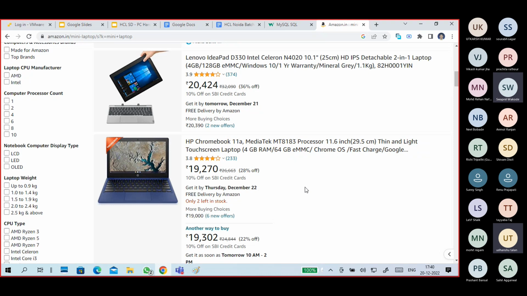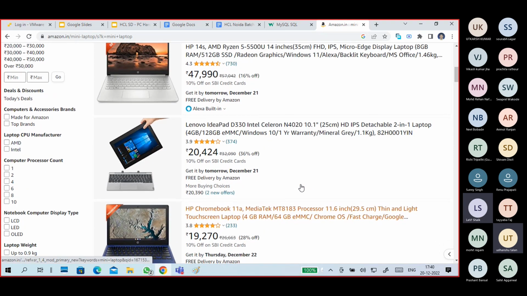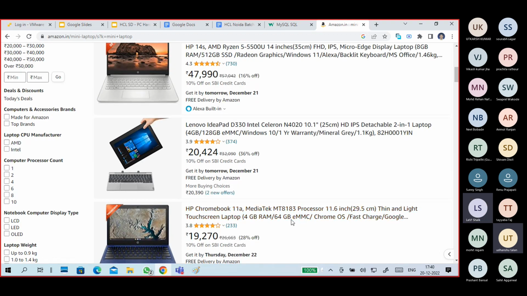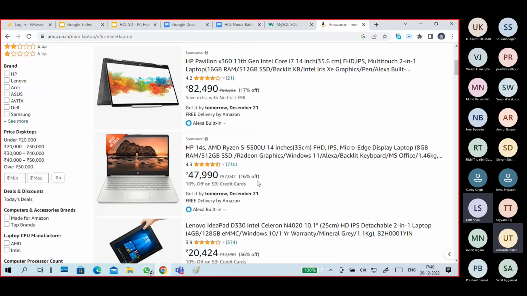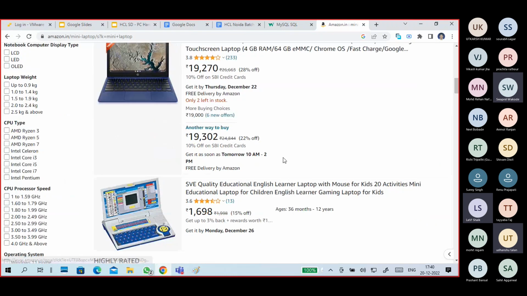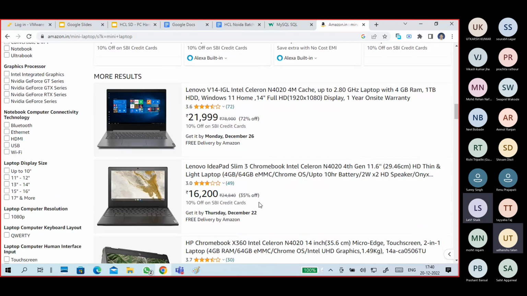Is every laptop and every electronic device using eMMC? No, no. This particular laptop is using 64 GB eMMC storage. But this one is SSD. Some are using hard disk, some are using SSD, some are using eMMC type.